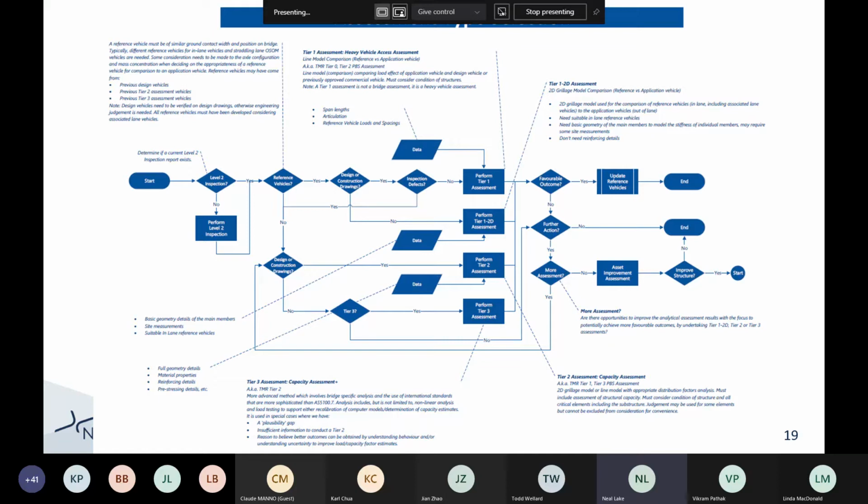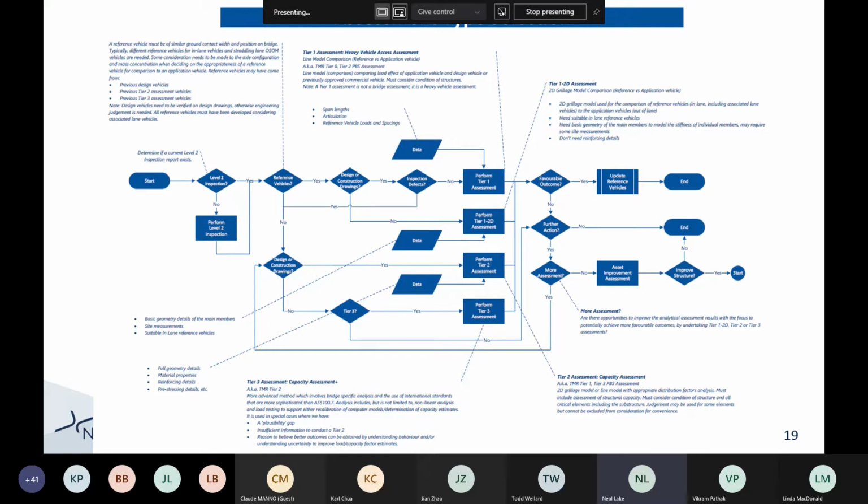If you don't have one, the very first step you have to do is to perform one, because for all tiers of assessment, bridge assessment, any form of access assessment for heavy vehicles, you must have an understanding of current condition to proceed. If you don't have it, you need to do it. You can't just do these things from a theoretical point of view. So I really want to strongly emphasize that point.